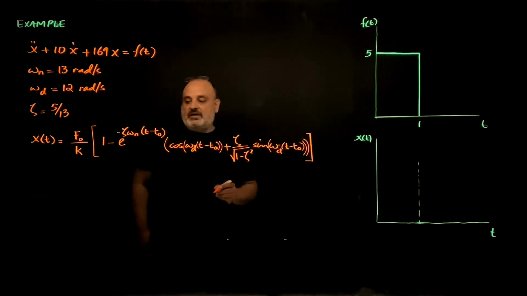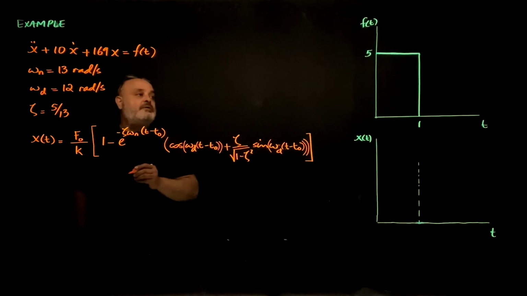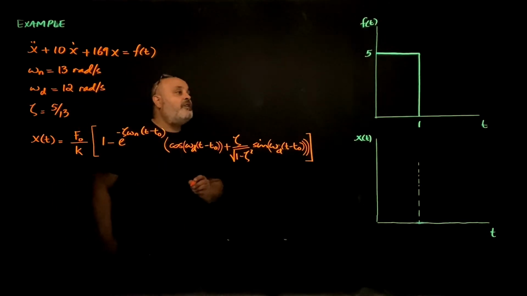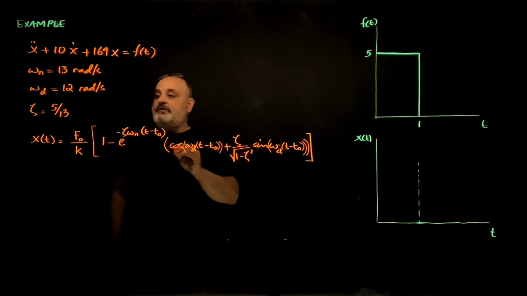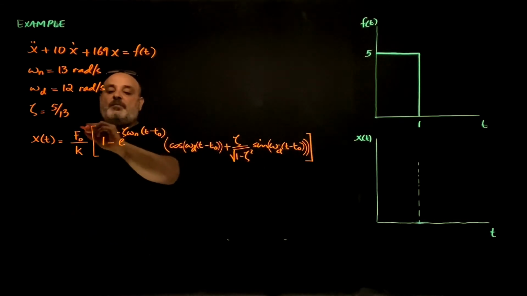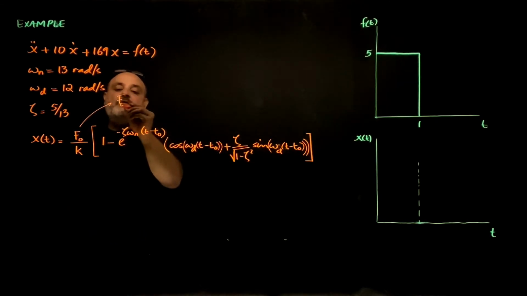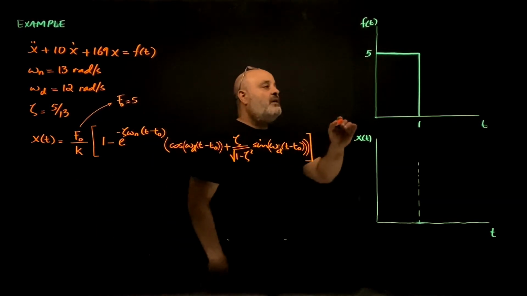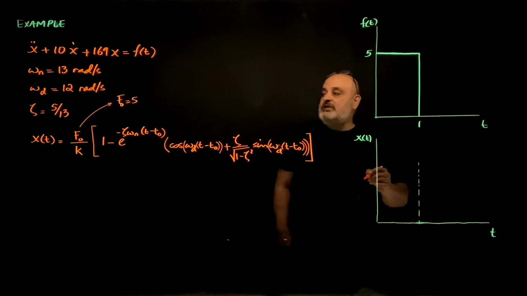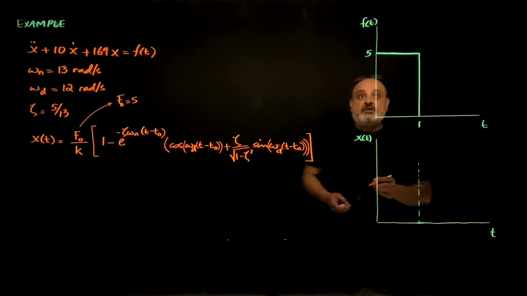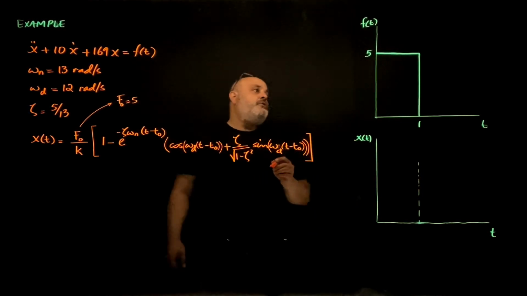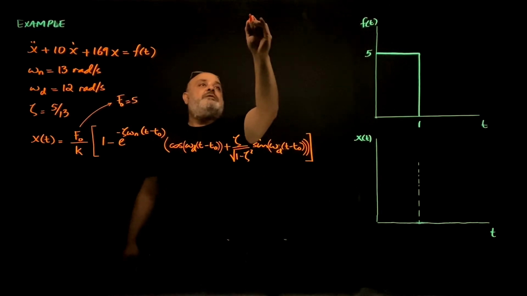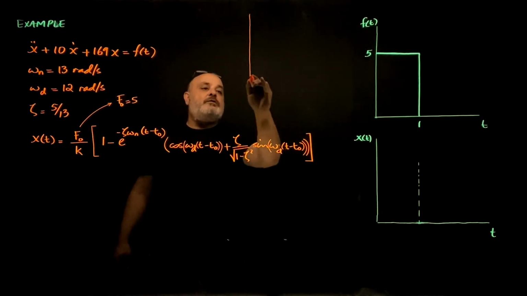In my case here, F0 is the magnitude of the applied step, which is 5. But now what we have here is not actually a step function. We can consider this as a combination of two step functions. We can split this as follows.